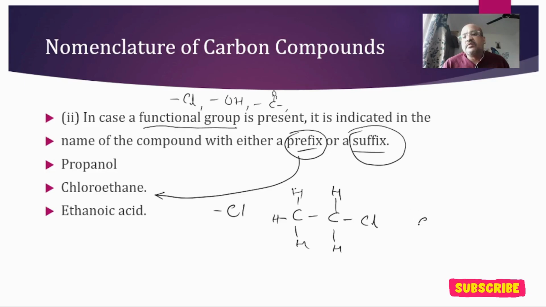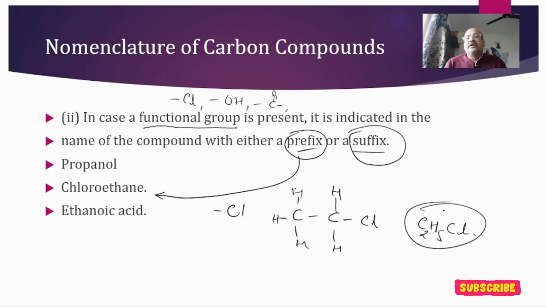So this is C2H5Cl, and it is named chloroethane. So the halogen gives me a prefix. The name is chloroethane.